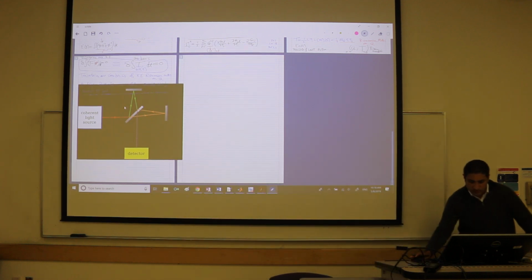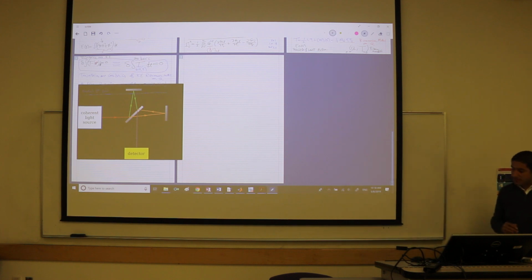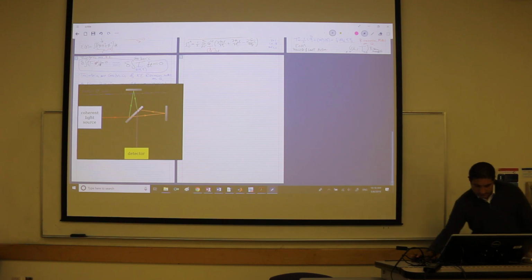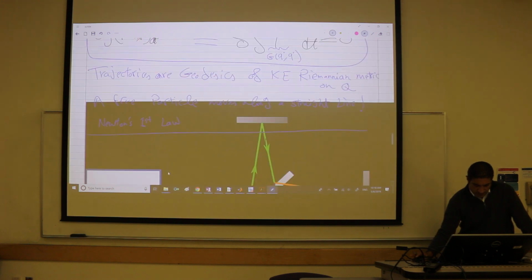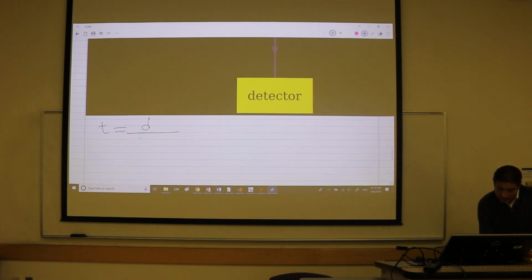The point is, according to wave theory, the time it takes to cover a distance d, and your wave is moving with a velocity c, but your source is moving with a velocity v.